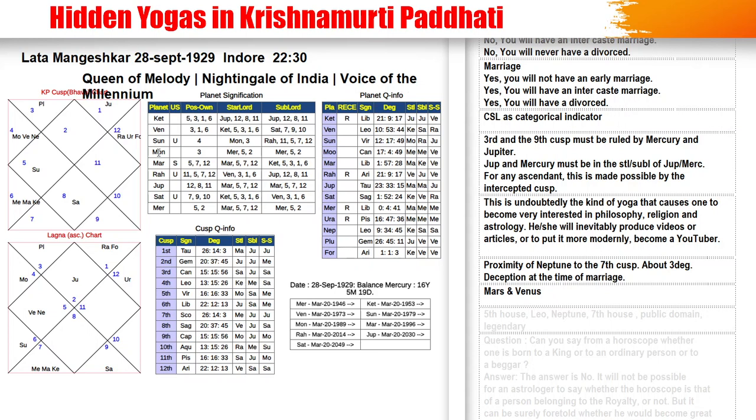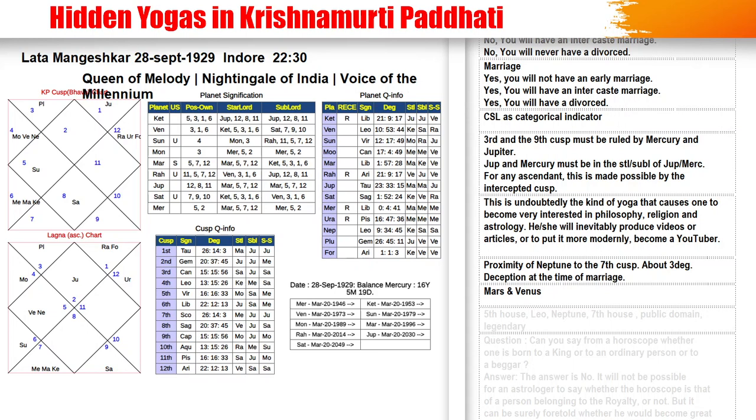So when you look at this kind of horoscope, you should be able to point out these two things: an outstanding yoga for this person to shine in the field of music, and that this person will remain unmarried throughout life.